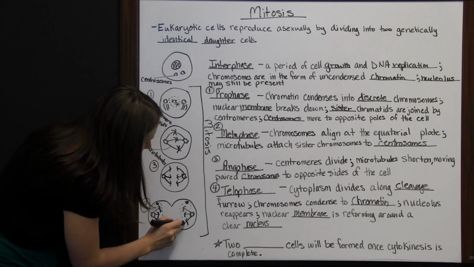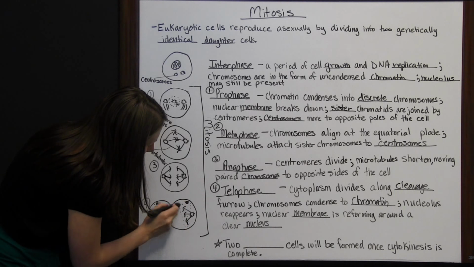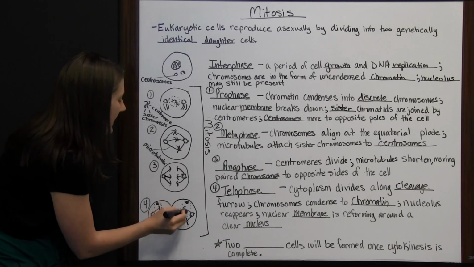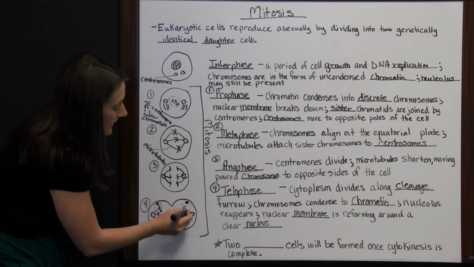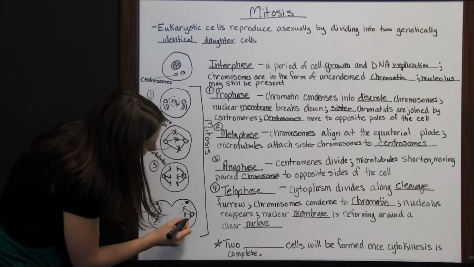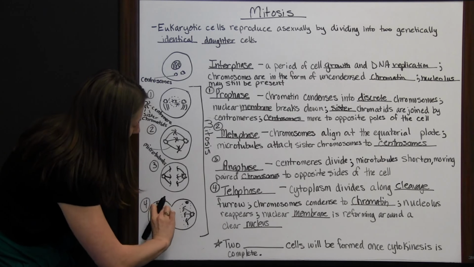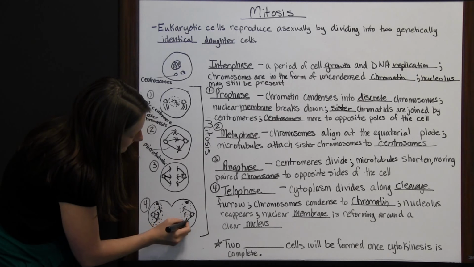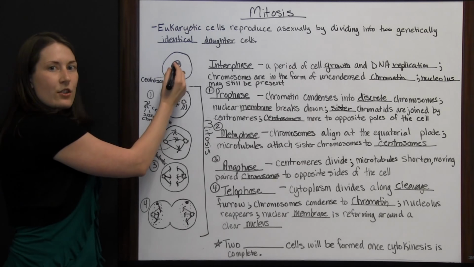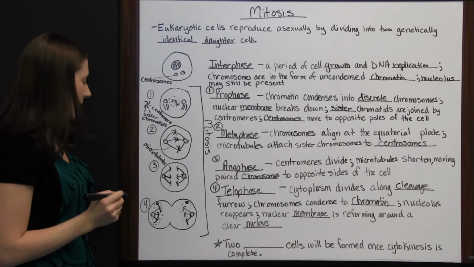So you see the nuclear membrane is forming around where your uncondensed chromosomes are, and your nucleolus has reappeared. So once these cells split off, then this is going to be a nucleus again that looks much like this, with the uncondensed chromatin and the nucleolus in the center.